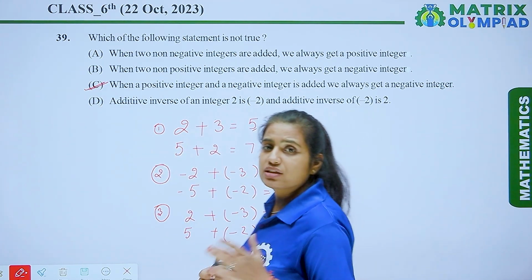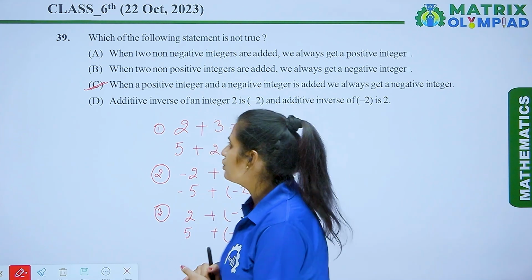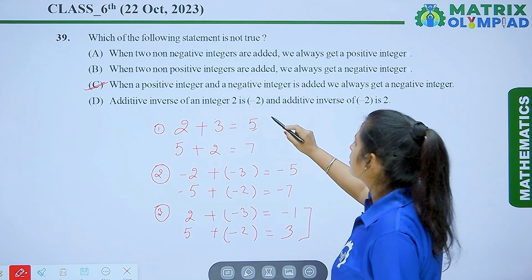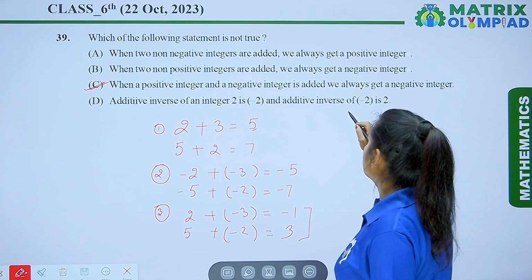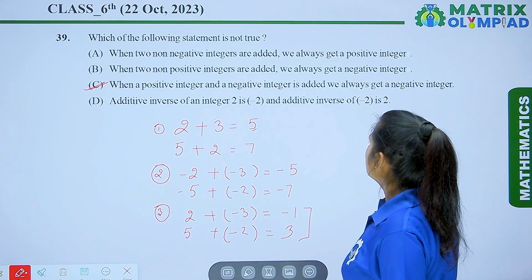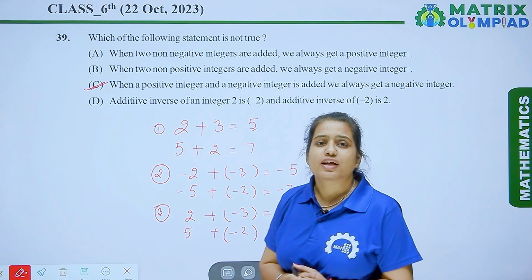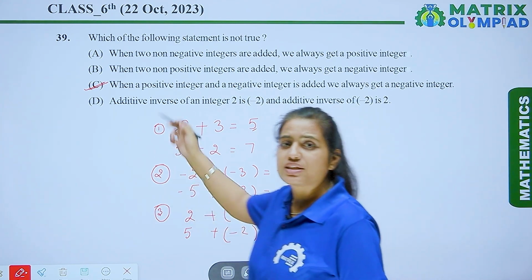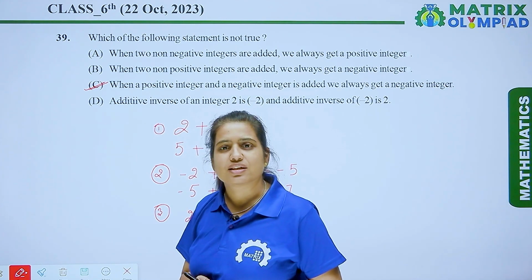Now let's read the last statement of this question also. Additive inverse of an integer 2 is negative 2 and additive inverse of minus 2 is 2. So here this statement is true. Now according to the question we can say that option C is the correct answer.